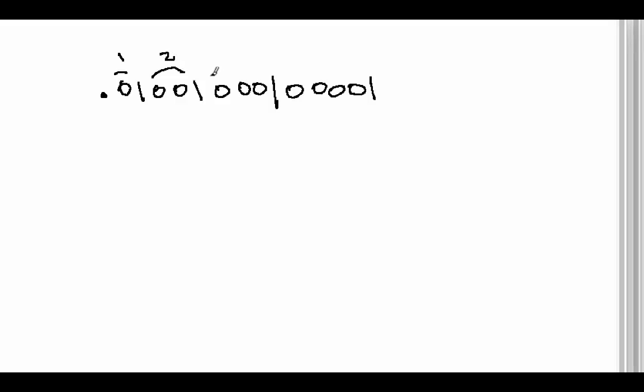Okay? Now, what's not so obvious is if I have a number that looks like this. Suppose I had 0.01001 0001. In other words, notice over here I have 1 zero. Over here I have 2 zeros. Over here 3 zeros, 4 zeros, and this keeps going on.